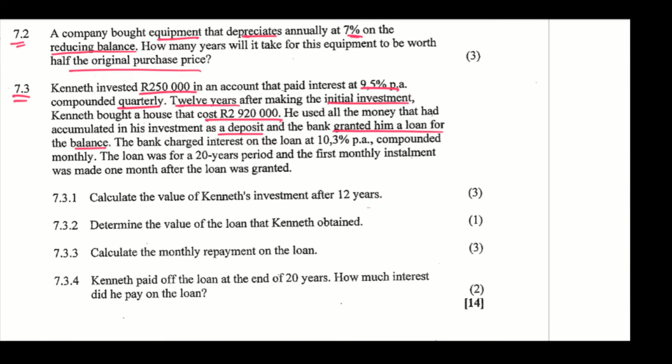The bank charged interest on the loan of 10.3% per annum compounded monthly. So the loan was for a period of 20 years, and the first monthly installment was made 1 month after granting of the loan. So 7.3.1, we are asked to find the value of Kenneth's investment after 12 years.